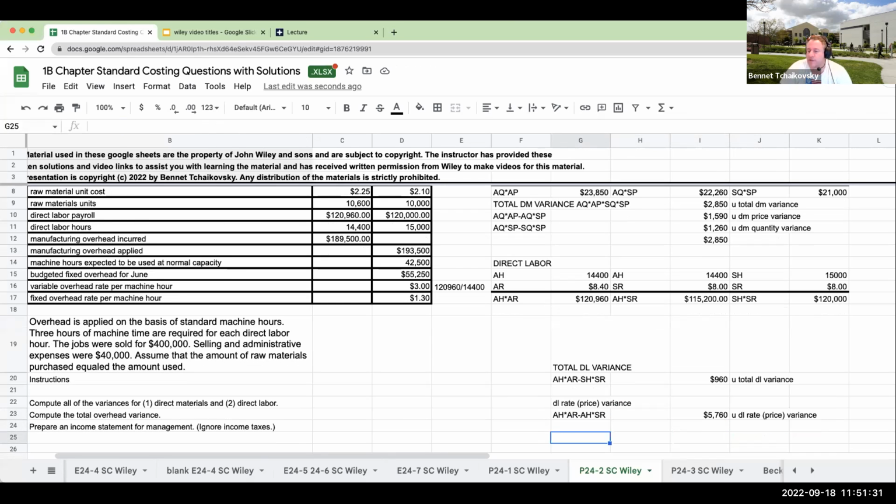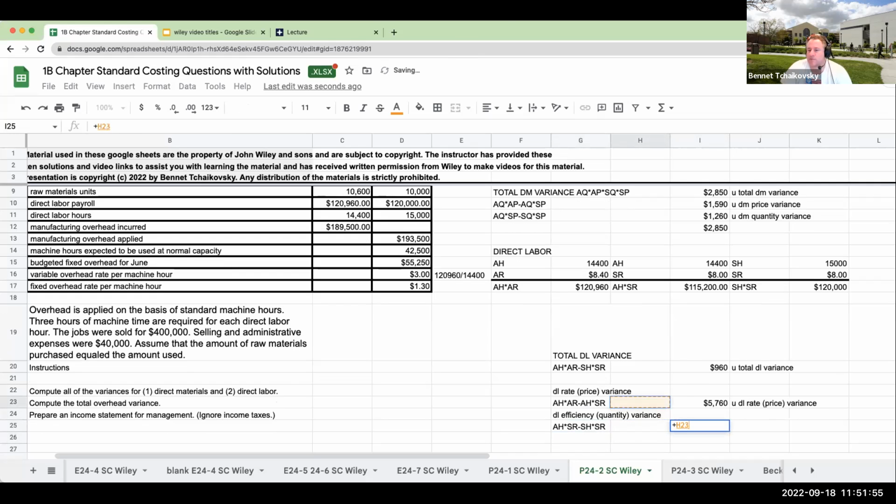Okay, so that's our price variance. So I compare this value to this value. I'm leaving the actual hours constant. Now my efficiency, or my quantity variance, is going to be my middle value, and I'm going to compare that to what I should have spent.